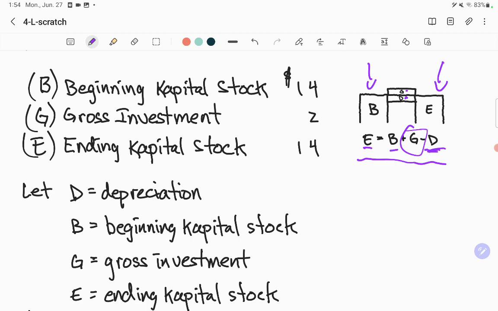So gross investment, the amount that you invested to increase your capacity, minus the amount that was consumed, gives you net investment. Gross minus expense gives net.